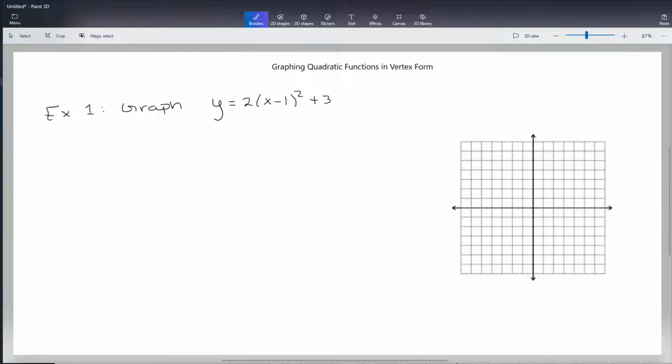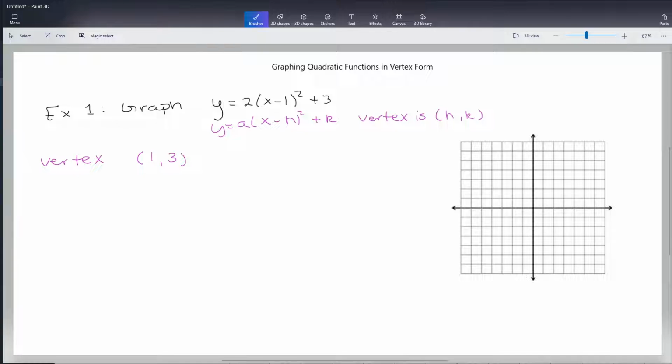Remember the vertex form looks like y equals a times x minus h squared plus k, and then I know that my vertex is h, k. So when I compare this, I should be able to see that my vertex is going to be the point 1, 3.